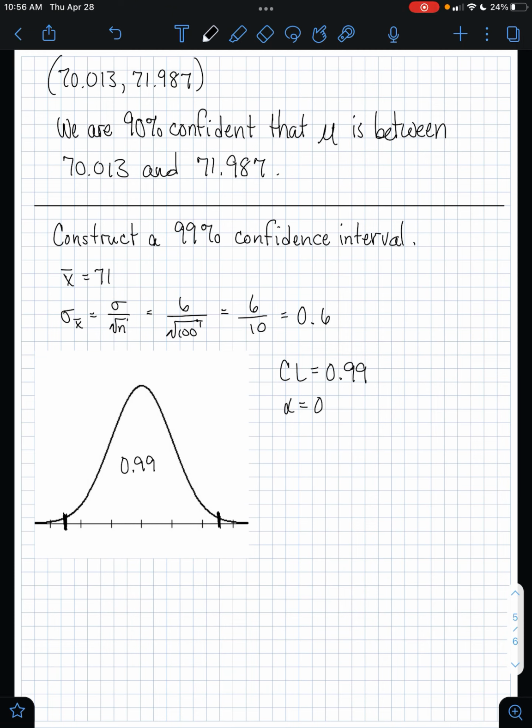So that accounts for 99% of the area, and then alpha has to account for the other 1%. And then that has to get split between the two tails.